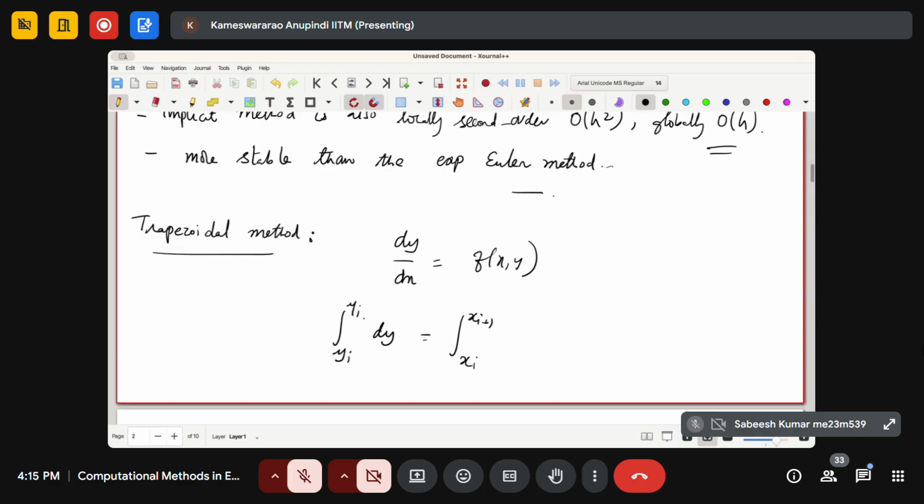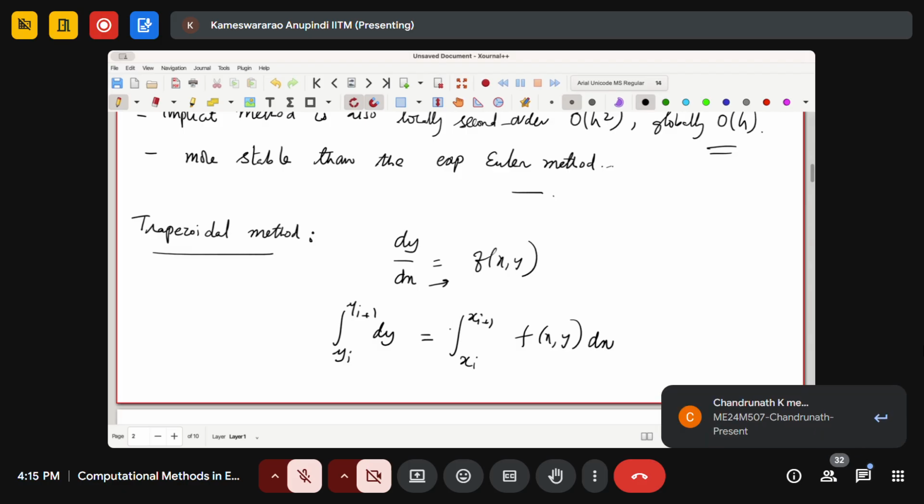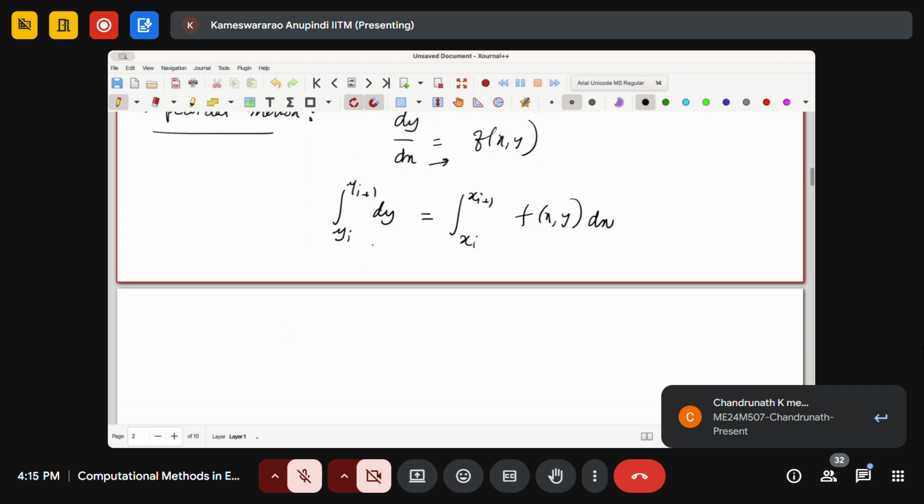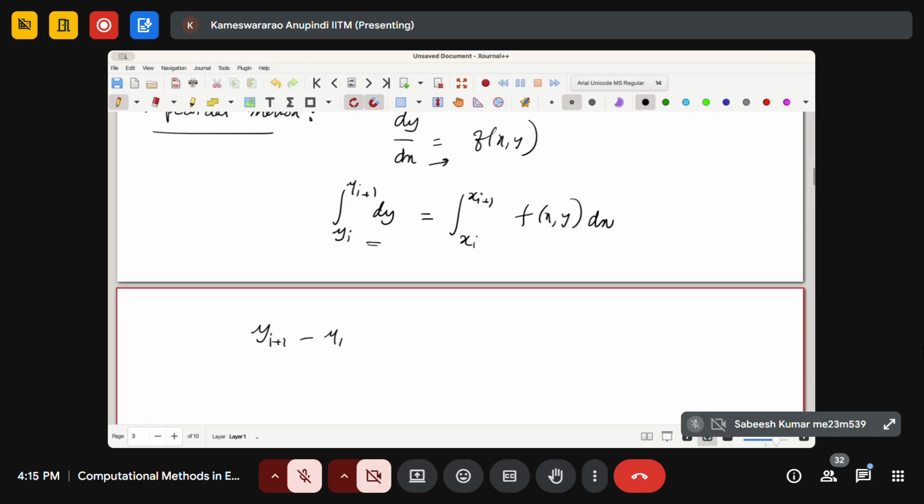So yi to yi plus 1 equals the integral xi to xi plus 1 of f of x, y dx, right? I just brought this dx to the right hand side and then integrated both sides. Integral dy is y, so yi plus 1 minus yi equals the integral from xi to xi plus 1 of f of x, y dx.